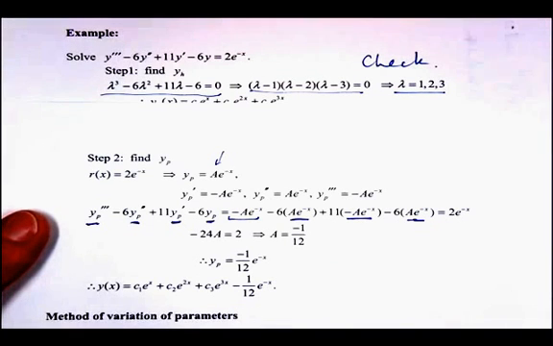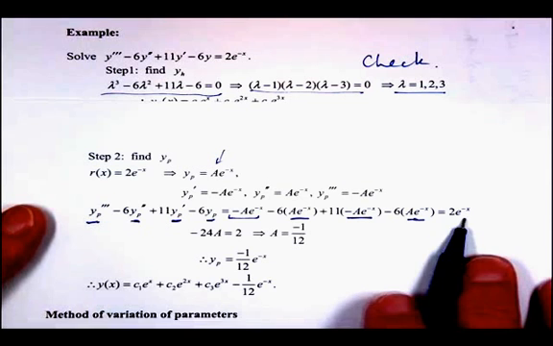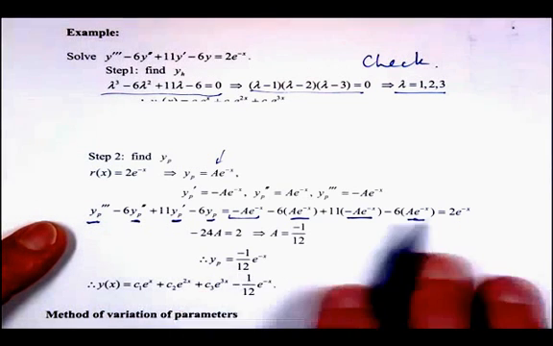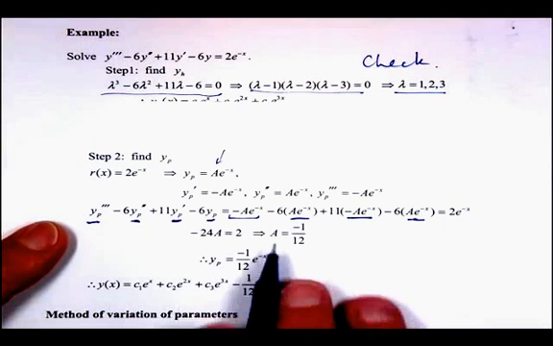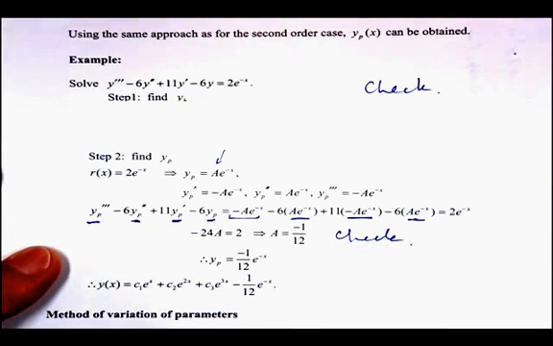And all of that is supposed to add to 2e to the -x. And the only way that can happen when you get all of these things together is if a is -1/12. So check that you can do that.